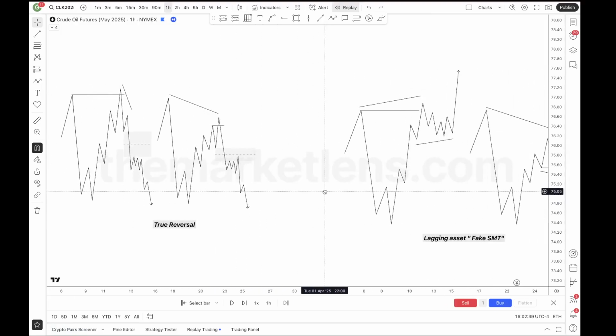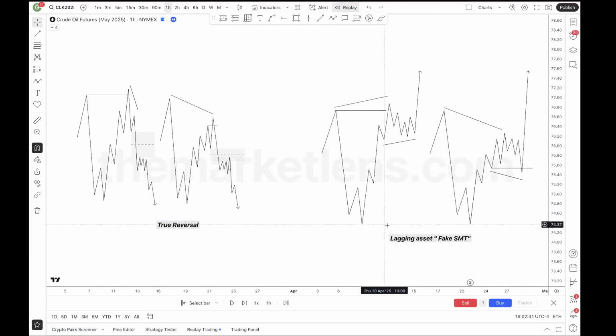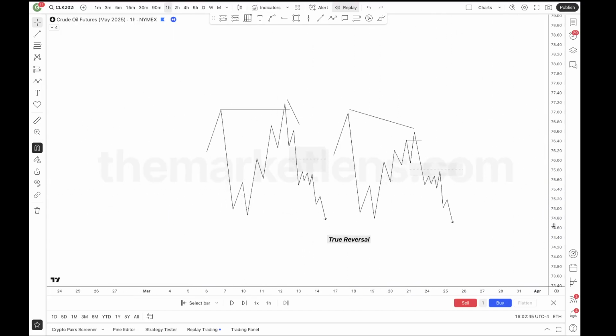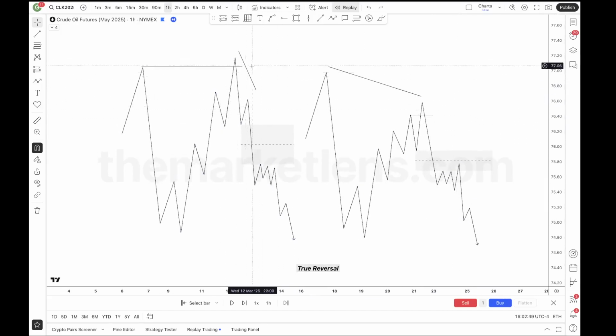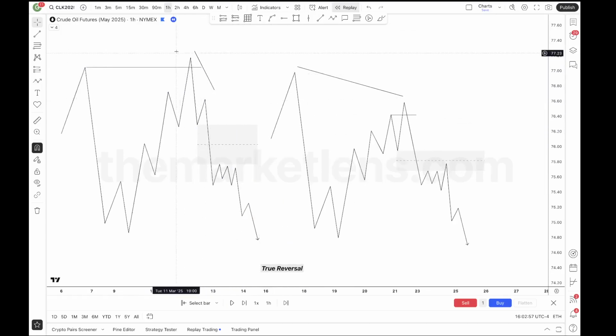So when we think about SMTs, we're going to talk about identifying true SMTs. So let's go over true reversals. Whenever the asset that is actually sweeping, creating a higher high when bearish and a lower low when bullish, we want to see this asset show the willingness to trade away.